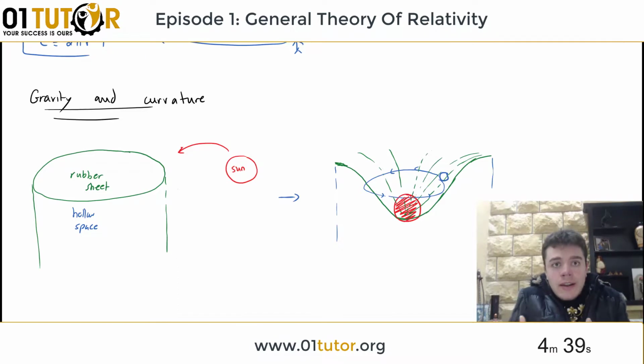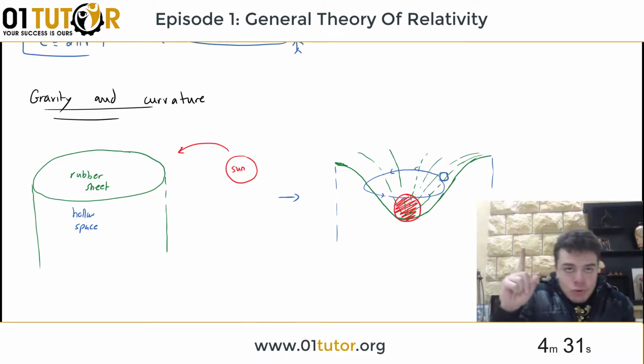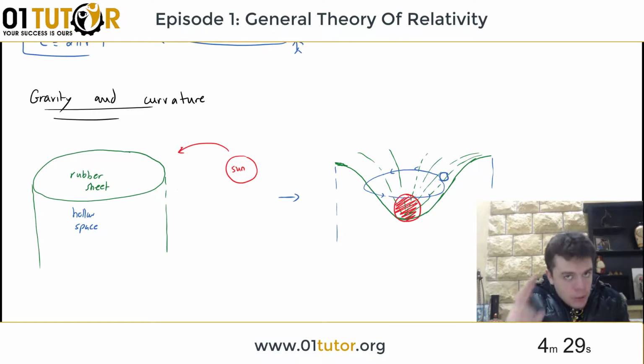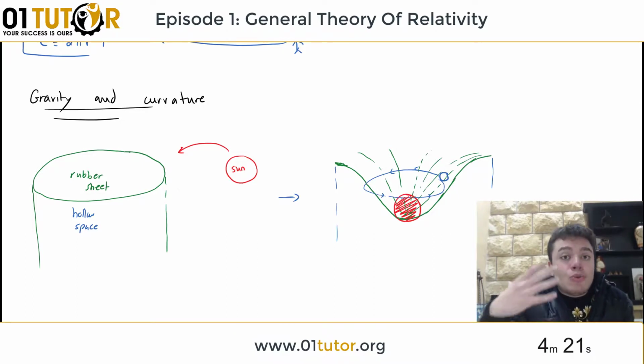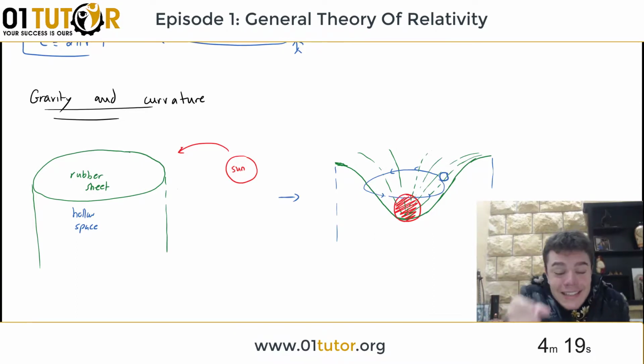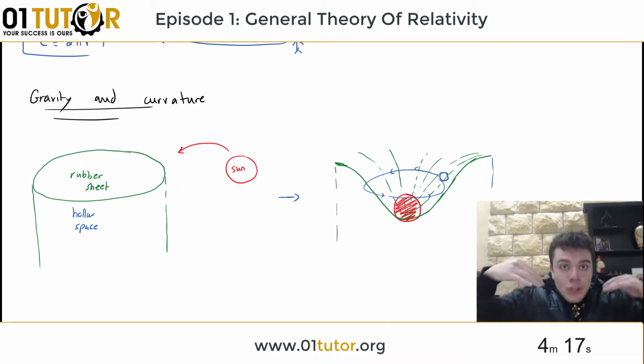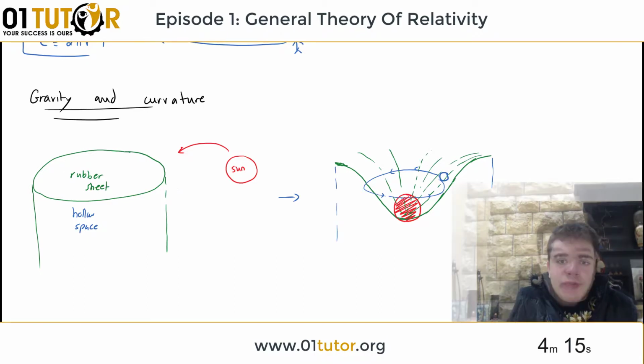After Einstein connected the dots, after he found the relationship between acceleration and gravity, as we saw in the first principle, and in the second principle, the connection between acceleration and curvature, he finally found that there is a connection between curvature and gravity.